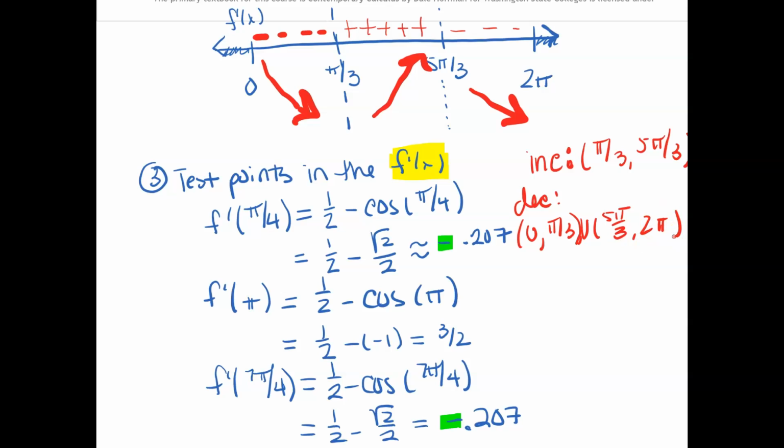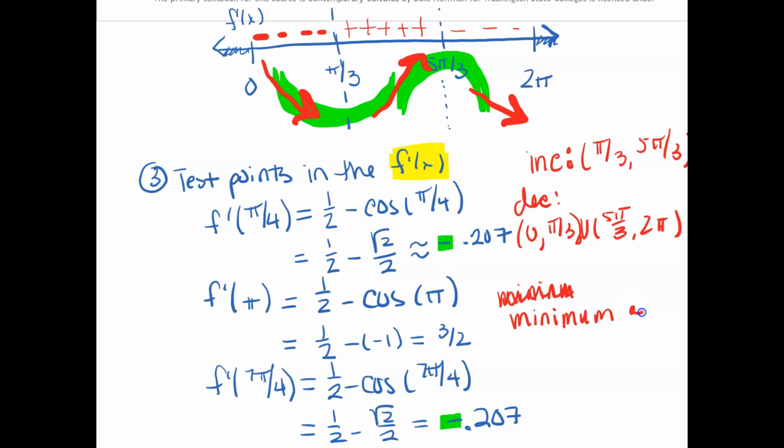And then furthermore, if I want to find the extrema of this function, you can see that it's creating a minimum right here at that critical value, and a maximum over here. So I would say that there is a minimum at pi over 3, and that there is a maximum at 5 pi over 3.